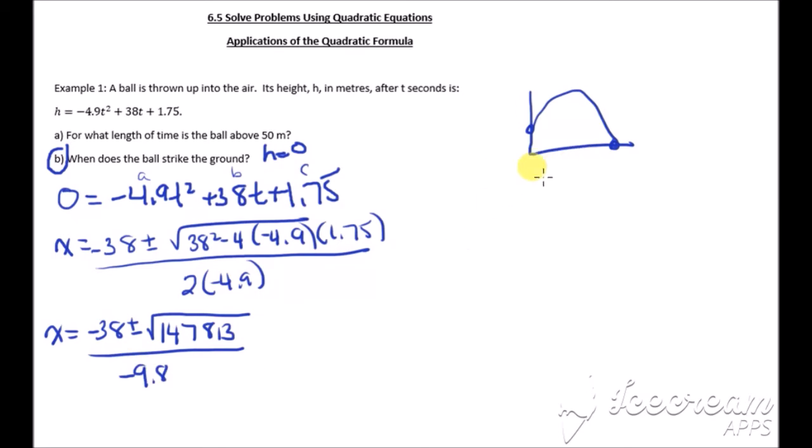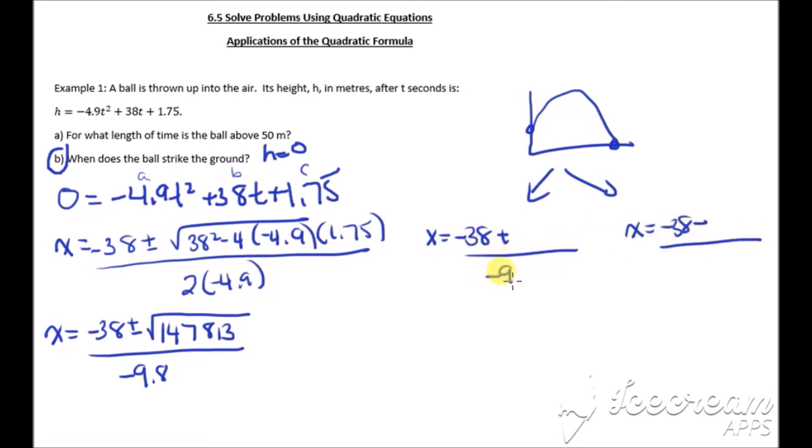Okay, so we can go ahead and branch off. I'll branch off up here. So x equals negative 38 plus, and then we're going to have x equals negative 38 minus. Okay, I'm going to go ahead and root the 1478 decimal 3, and I get 38.4.